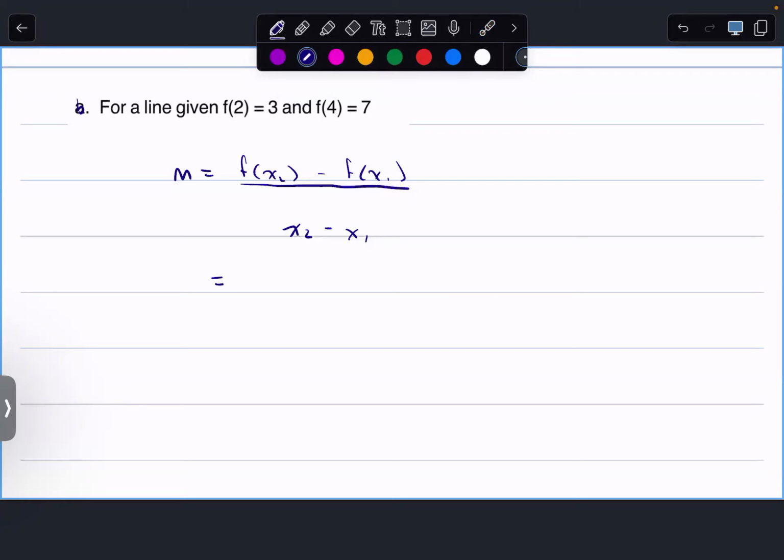F of x2 is 7 minus f of x1 is 3, divided by x2 is 4 minus x1 is 2. I'm not writing down what x1 and x2 are on purpose, just so you can see the smallest amount of work that you would need to show, right?